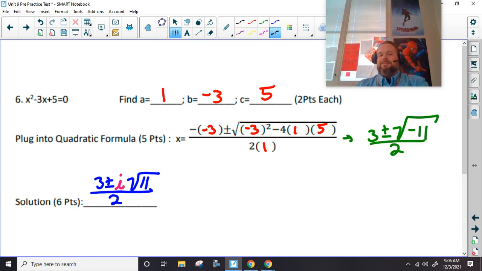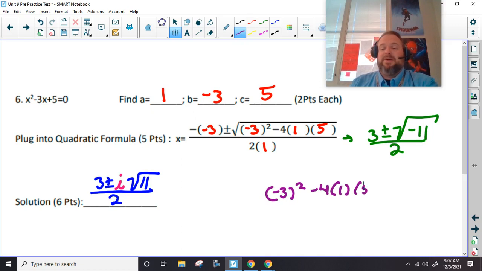How did I get 11? Well, I used my calculator and typed in -3 squared minus 4 times 1 times 5. If I didn't want to use my calculator, this is 4 times 5, which is 20.